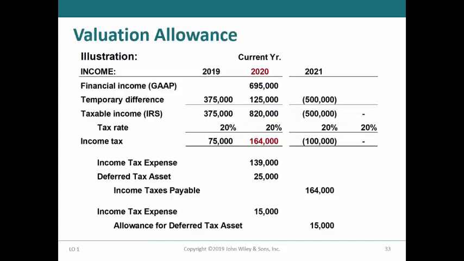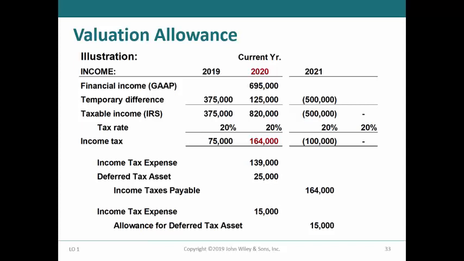So in this example, we're first going to record the normal income tax expense and deferred tax asset for 2020 by debiting income tax expense for $139,000, debit deferred tax asset for $25,000, and credit income tax payable for $164,000.